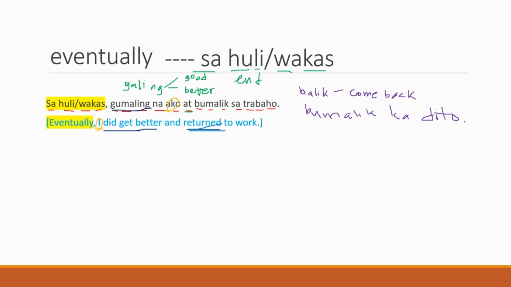So, come back here. Bumalik ka dito. So if you just simply want to say, come back, balik, ganyan. That's how you say it. And sa trabaho, to work. Sa huli, gumaling na ako at bumalik sa trabaho.